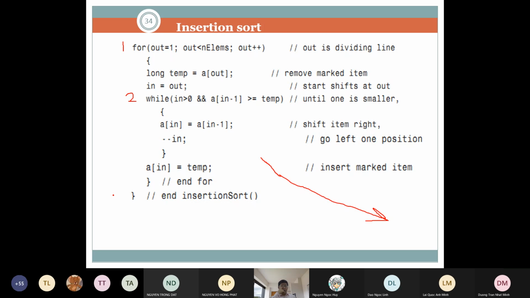Where should we modify in order to sort the array in descending order? Where should we do it? Here?